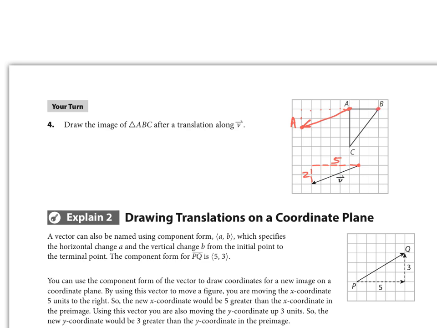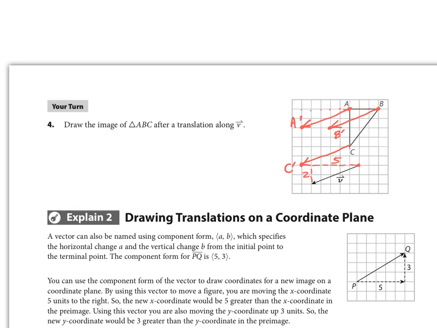So at point B, 1, 2, 3, 4, 5 to the left and 2 down. There's B prime. There's the vector. And from C, I end up down here, C prime. And there's the vector.